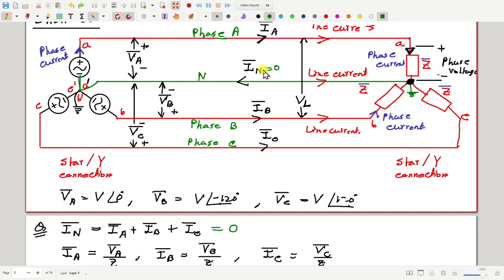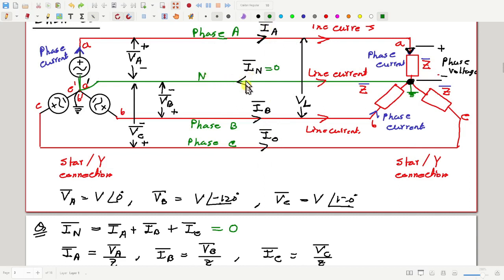Also, one more thing. It is not necessary that the load will always be balanced. Suppose the load is slightly unbalanced. Suppose ZA, ZB, ZC are slightly unequal, then there will be a small amount of neutral current, and you can practically put a very thin conductor compared to the thickness of the other 3 conductors which are carrying these line currents IA, IB, IC.